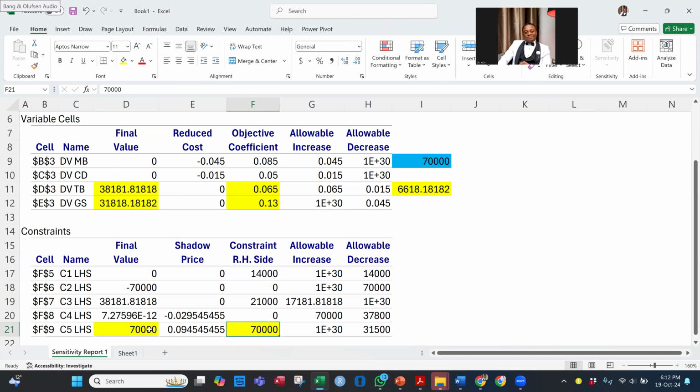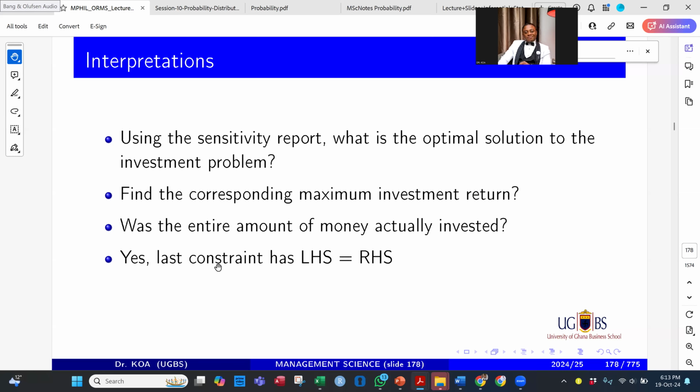And the left-hand side is what was invested. And you can see that the entire amount which is on the right is what was used on the left. The right is the available, the left is the used. And since they are equal, it means that the entire amount was also used. So there are two ways to get the answer. When you read this, I chose the last one, but of course, the first one is a perfect answer. Okay. That the last constraint has the left-hand side equal to the right-hand side.